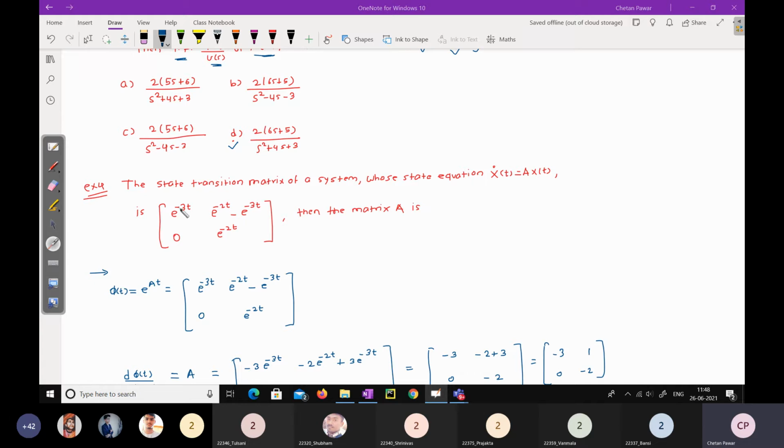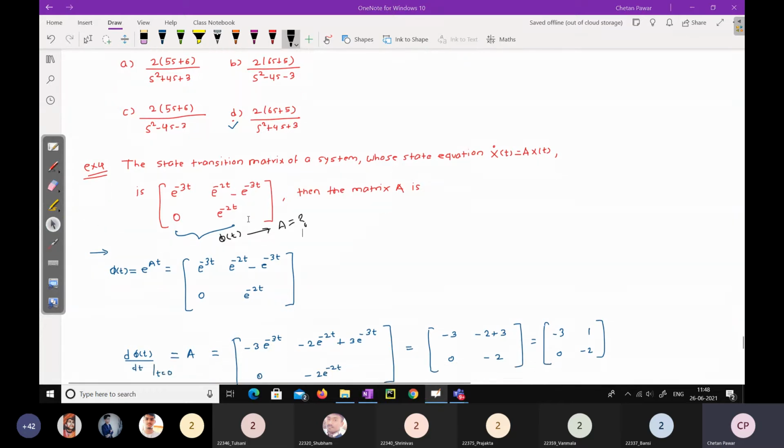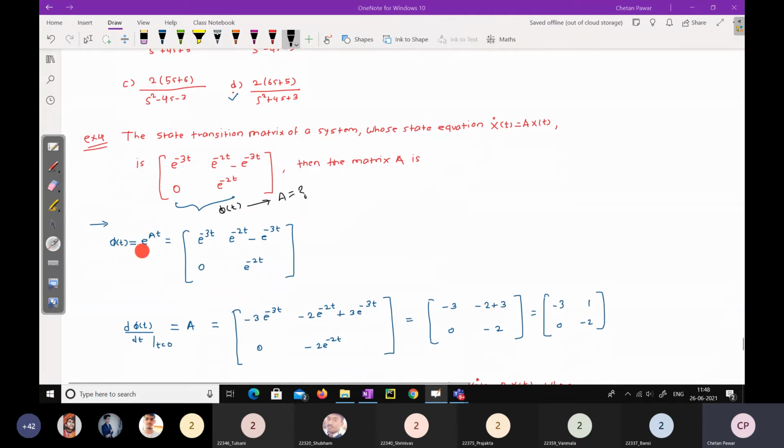So here, what they have given is phi of t, and we need to find A from the state transition matrix. So we can use the state transition matrix properties to solve this problem. Here phi of t is this.